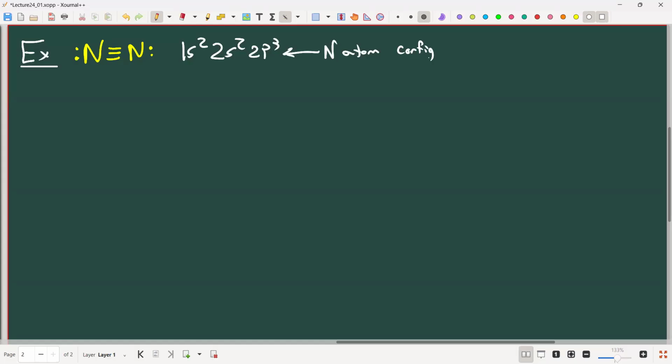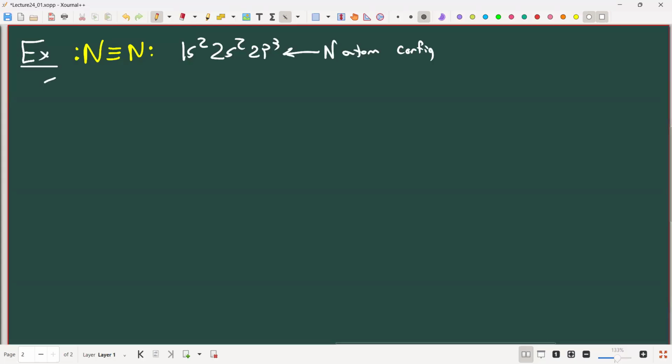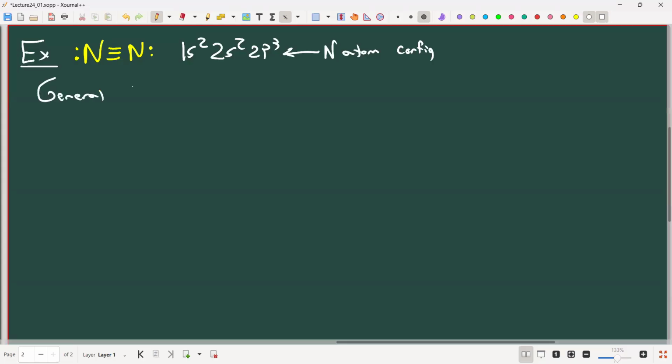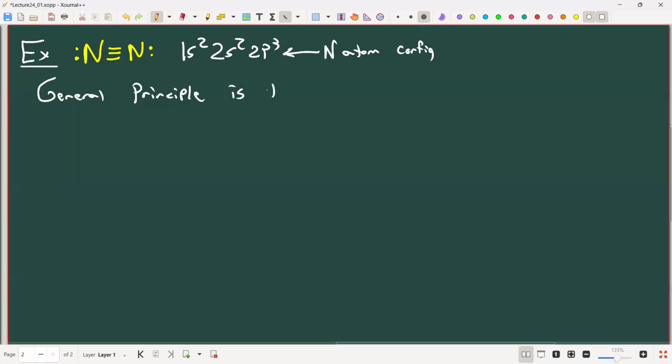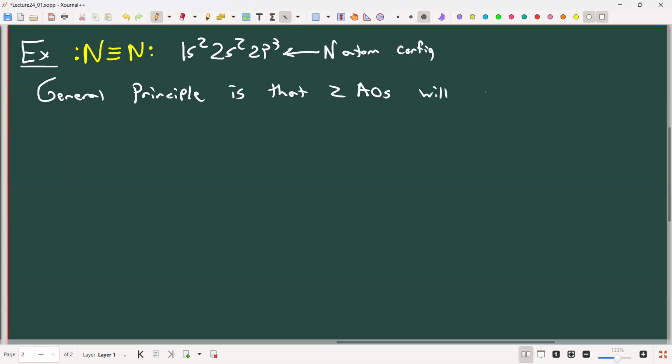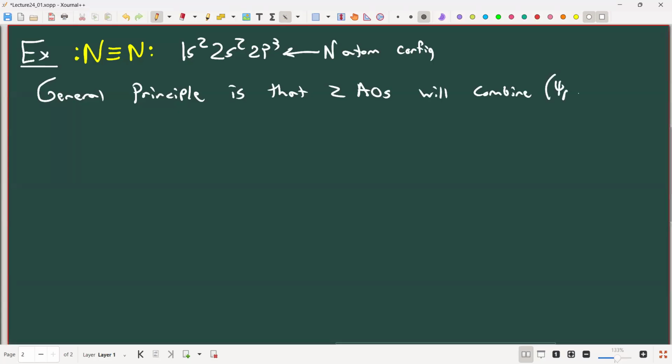What we're going to learn, and we kind of saw this a little bit with hydrogen, is that for two atomic orbitals to form a molecular orbital, they need to overlap. The general principle is that 2 atomic orbitals will combine. Let's say we have psi A and psi B, 2 different atomic orbitals.